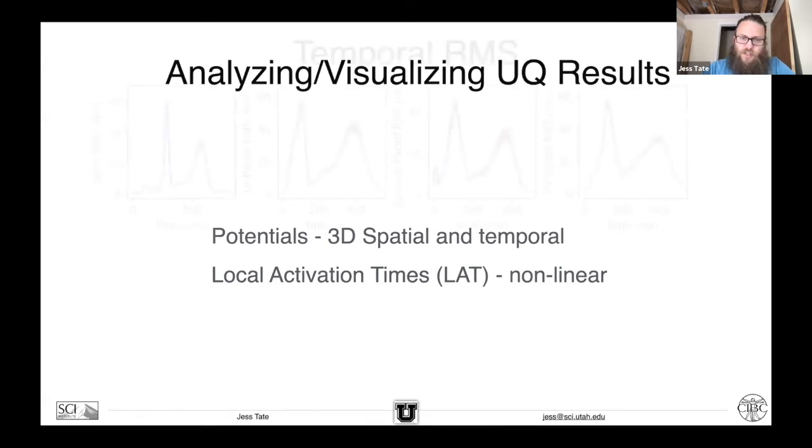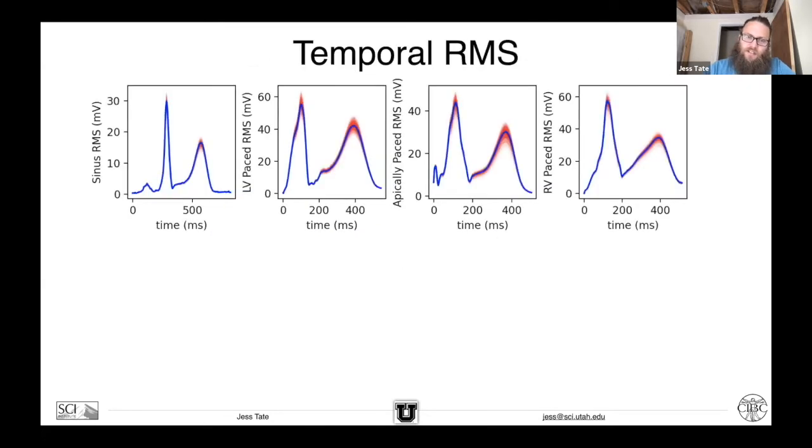So first off, we took the temporal signal and computed the RMS over the epicardial surface to show how the variation changed in time. We also looked at individual tracings, which unfortunately I don't have in these slides. But basically, we can see from these plots how the general epicardial potential changes over the cardiac cycle.